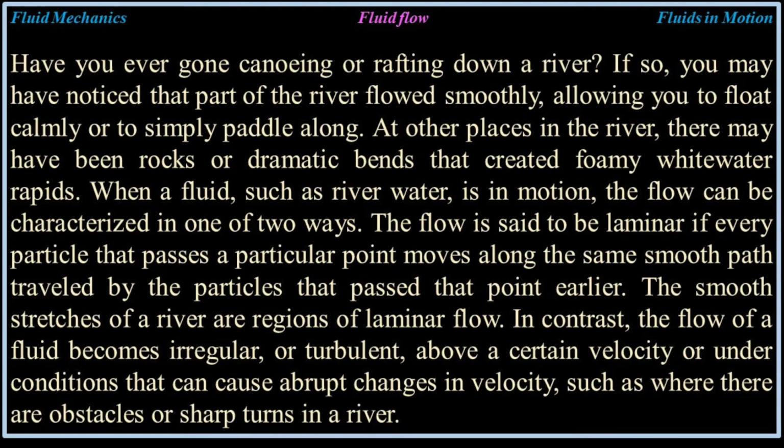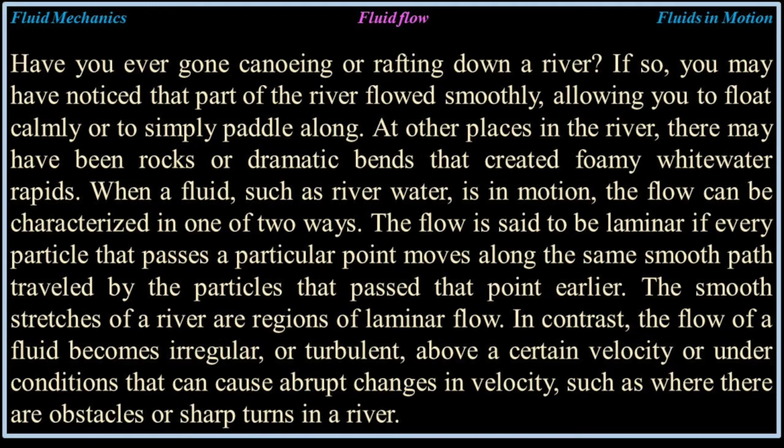Have you ever gone canoeing or rafting down a river? If so, you may have noticed that part of the river flowed smoothly, allowing you to float calmly or to simply paddle along. At other places in the river, there may have been rocks or dramatic bends that created foamy whitewater rapids.